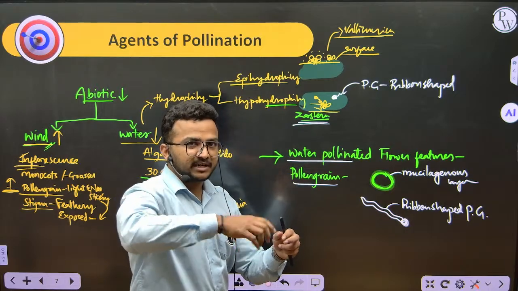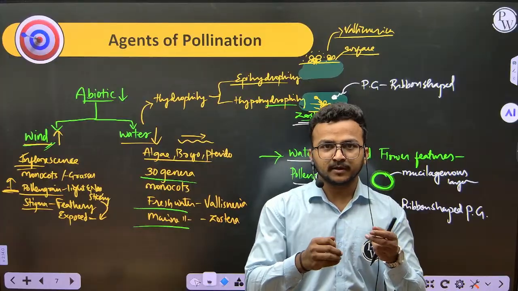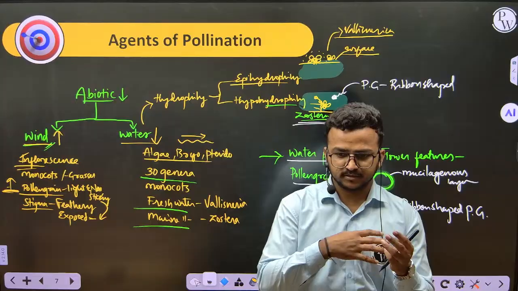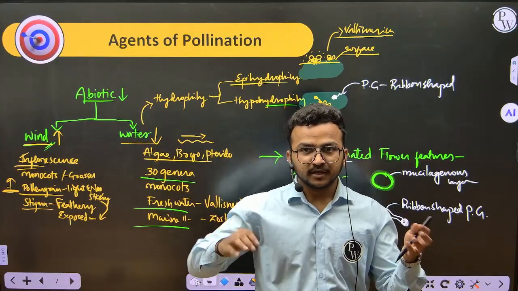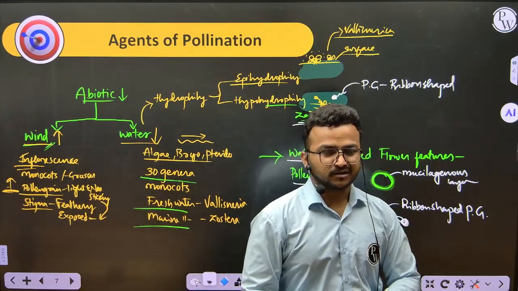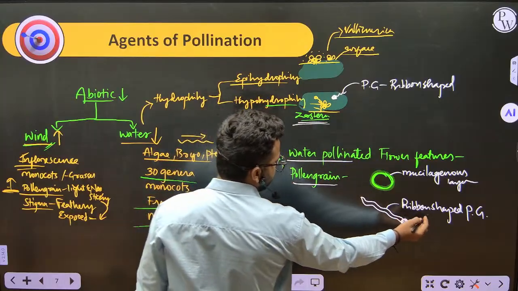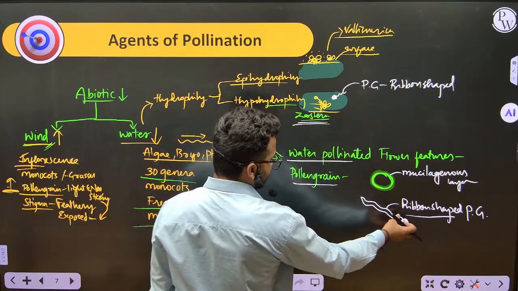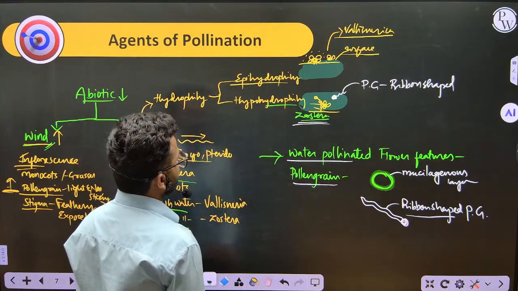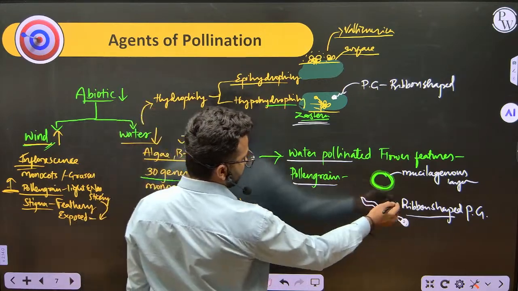If it is ribbon shaped, it will be flowing in the water like this. Just take the example of a chunni or a sari, the cloth, it will be floating and moving in the water, no? So the pollen grains have a ribbon shape so that they can reach the flower present in the lower surface of the water. In the hypohydrophilic case, the pollen grain will be like this.